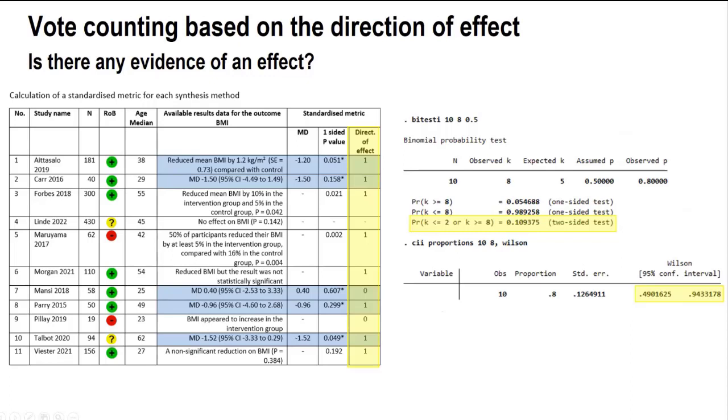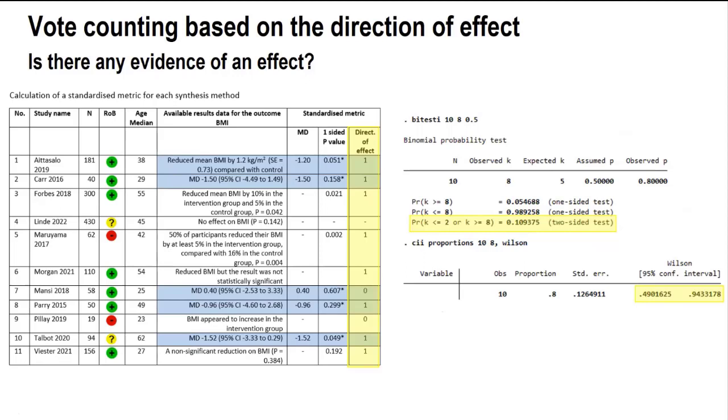And when we look at the confidence interval, you can see it includes 0.5. You might say our vote count test is in disagreement with our meta-analysis and our meta-analysis of p-values. The main reason for that is that when you do vote counting, you lose an awful lot of power.